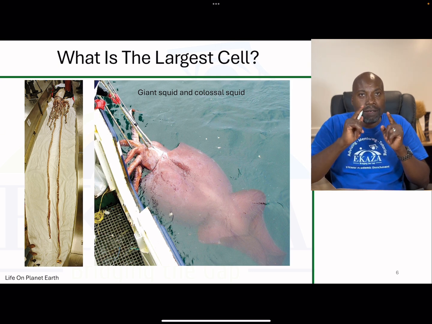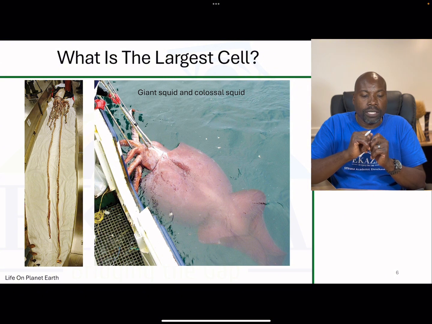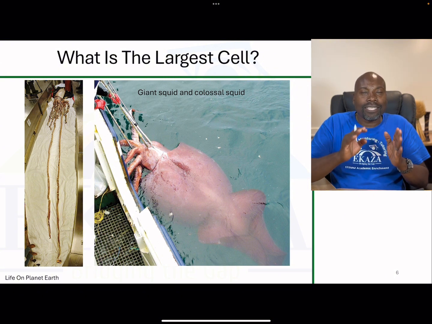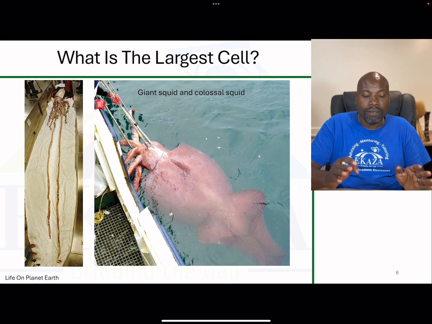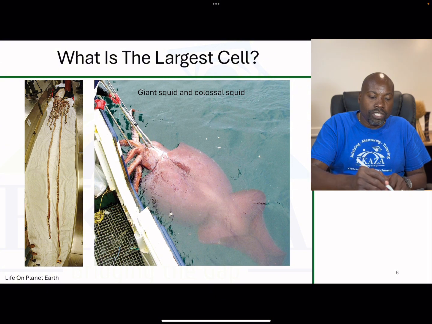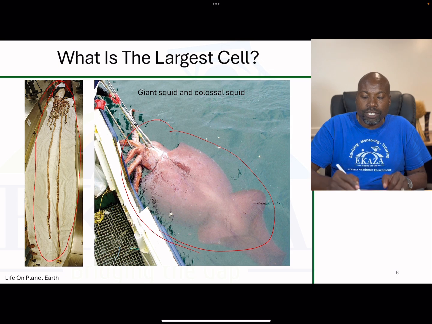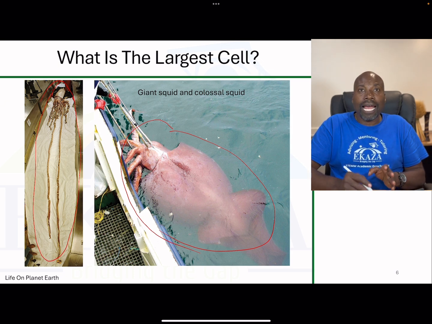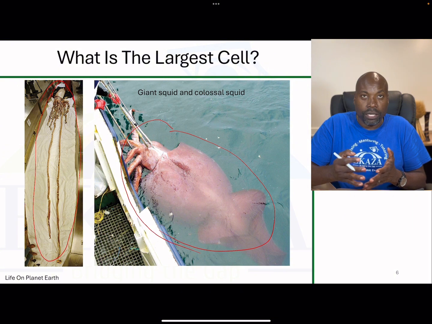However, what I want to attract your attention upon when I ask what is the largest cell is that some organisms actually have humongous cells, right? Such organisms are the giant squid right here and the colossal squid right here. This squid actually can weigh up to a ton, if not more.